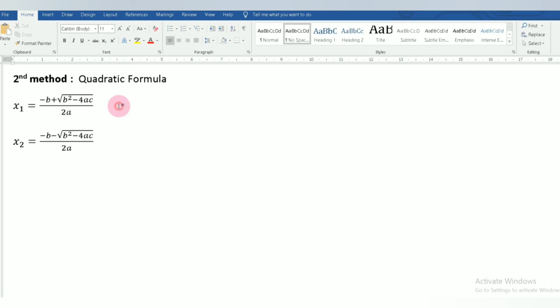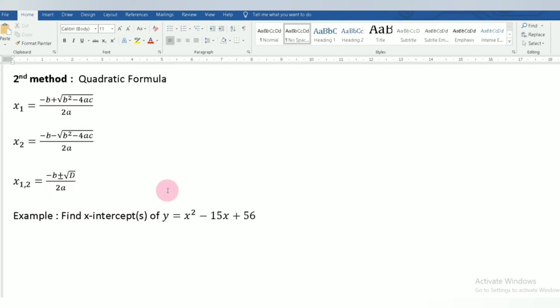So the first x-intercept will be minus b plus, and so on, and the second x-intercept is minus. Again, we can combine the statements and simplify into this: x1 and x2 equal negative b plus or minus the square root of d, since b squared minus 4ac is the discriminant itself, over 2a.